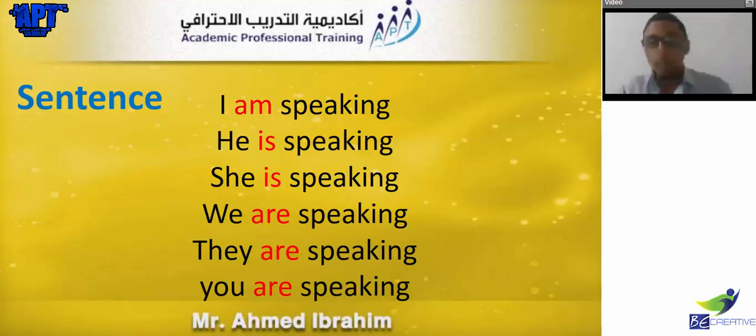Now let's see examples of how we can make a sentence in present continuous. Mainly, if I want to make a sentence in the present continuous, I put the one who did the verb, the subject, then the verb to be that comes with it, then the verb plus ing. I'm sure you are well aware that verb to be in the present has 3 forms.